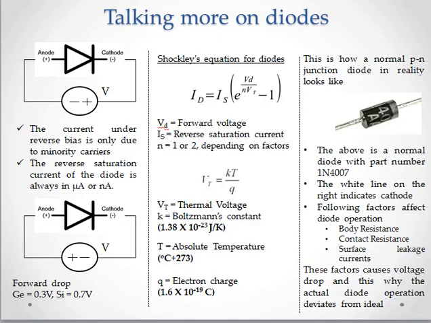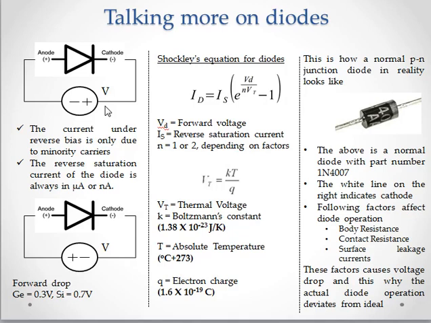Now when you come here, you can see we have described the majority and minority carriers when we discussed semiconductors. In the reverse bias condition, we discussed that there is no conduction, but there is very little conduction, which is called the reverse saturation current.